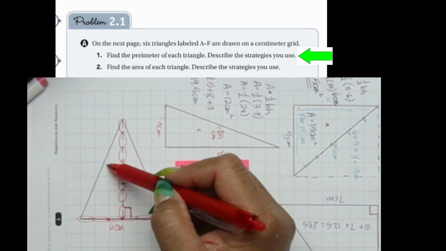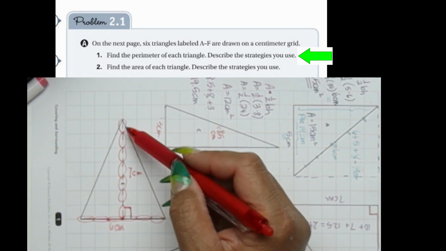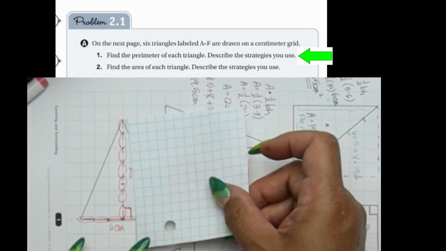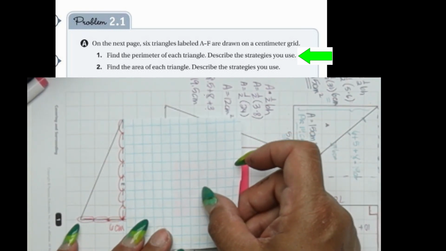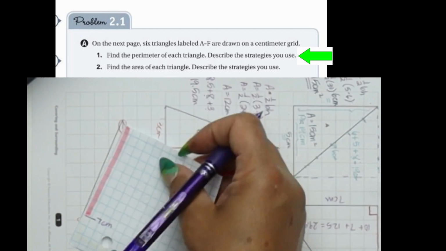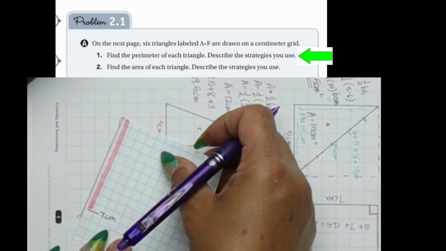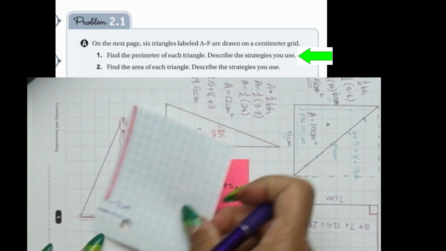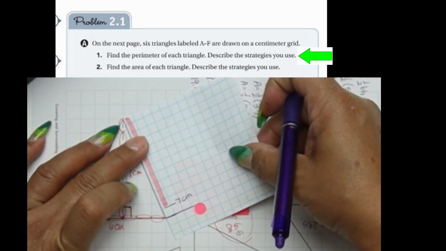Now these two diagonals, I wonder if it's going to be greater or less than 7. So I'm going to take my paper again, and I'm going to color in what 7 centimeters looks like. And I wonder how much longer this diagonal line is. Right about here. And this one too. Right about there.